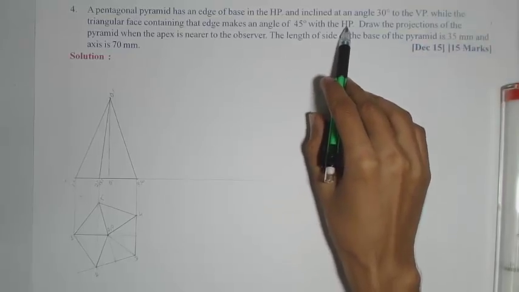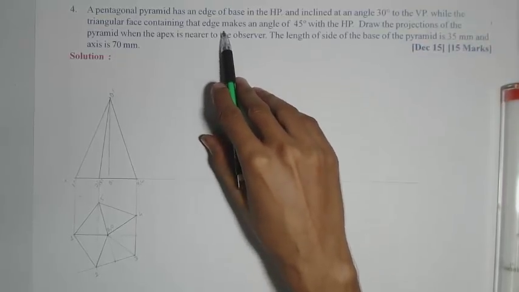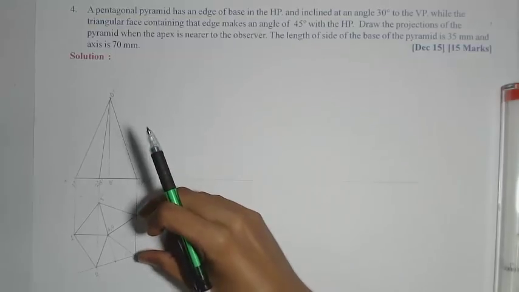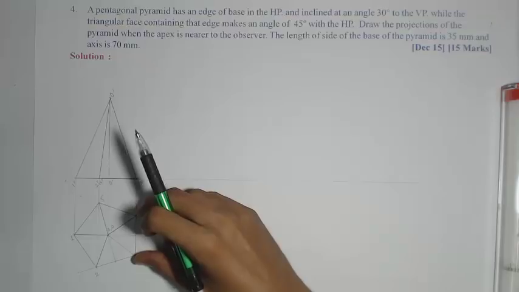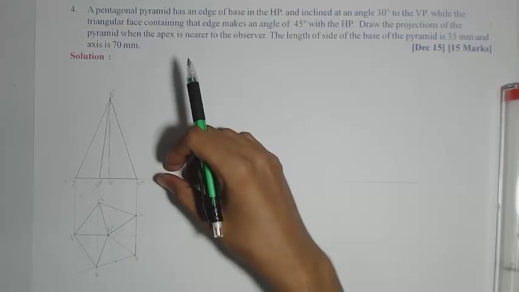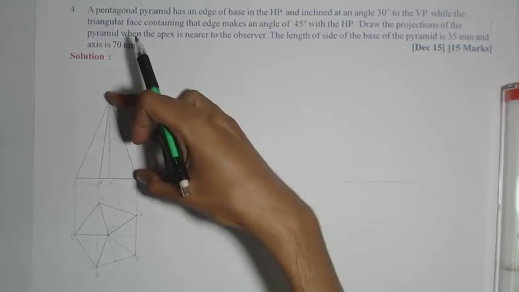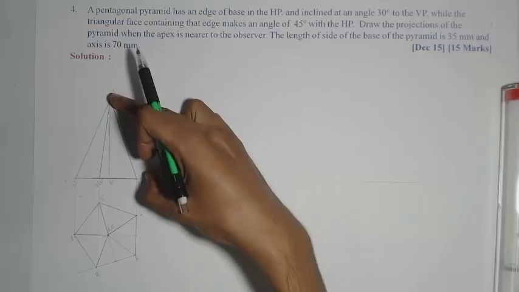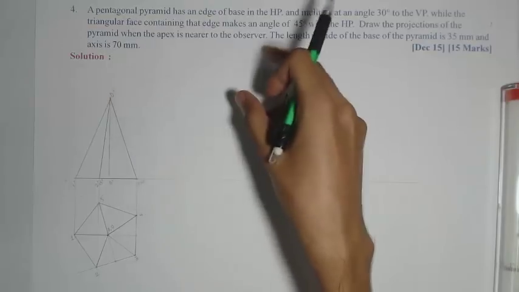Now the condition with HP is that the triangular face containing that edge makes an angle of 45 degrees to the HP. Here that edge is 3-4, the base edge which we have kept in the HP, and the triangular face containing that base edge is nothing but this edge, which is 4 dash, 3 dash, 4 dash. So we need to make this edge inclined at 45 degrees.